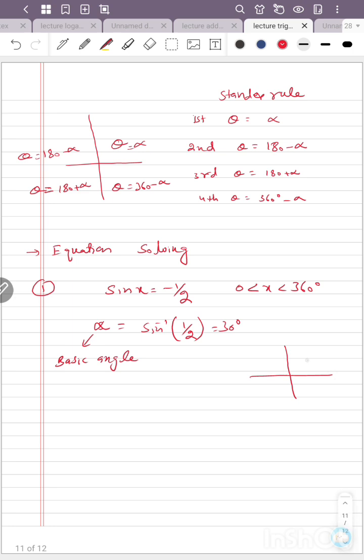We know that in the first quadrant all are positive, sine, cos, sorry, tan, here tan, and here is cos. It means in our third and fourth quadrant sine is negative. Third quadrant and fourth quadrant.